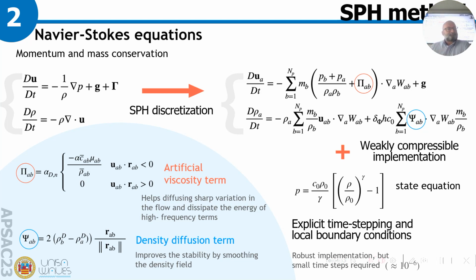Speaking about the governing equations written in this slide, the Navier-Stokes equations are discretized using the SPH technique. And we use some extra terms in order to stabilize the simulation. First of all, the artificial viscosity term, which helps dissipate high frequency wavelets present in the numerical simulation.